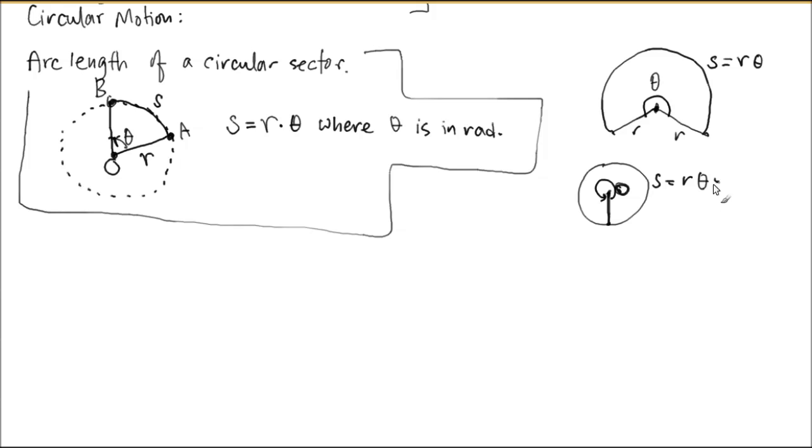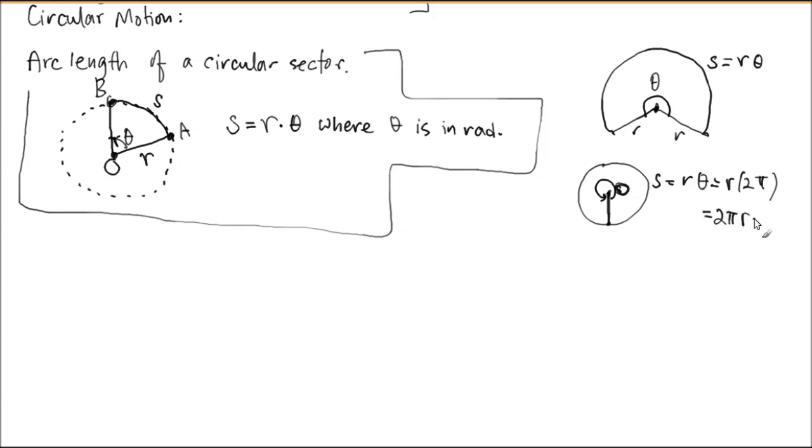So it's r times 2 pi if we just apply that formula, which is rather known as 2 pi r. Does this agree with something you know about circles? 2 pi r is the length of the circumference of a circle, right? So that is a special case of the arc length of a circular sector when the subtended angle is one full rotation, 2 pi radian.